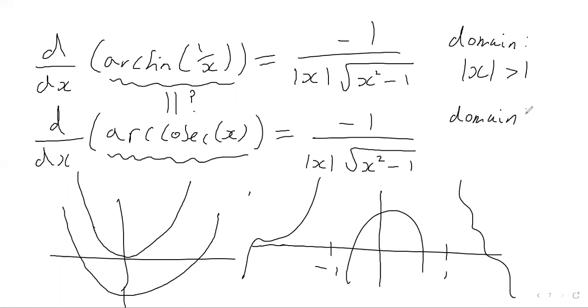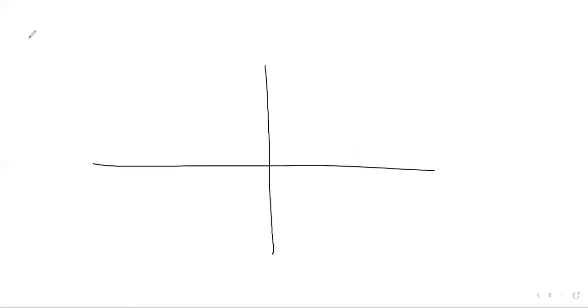So you may remember from the previous video that it is also the modulus of x is greater than 1. So if we try and draw a graph of arc cosec, it looks kind of like this. We did this in the previous video. So y equals arc cosec of x, something like this.